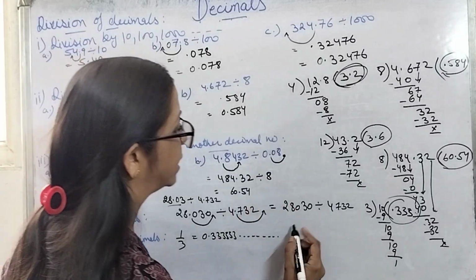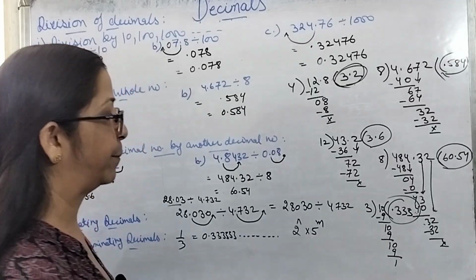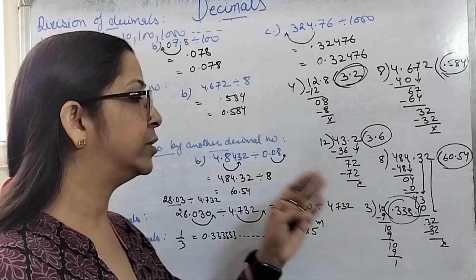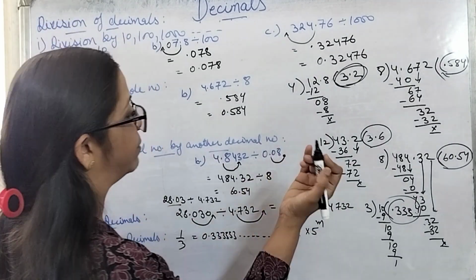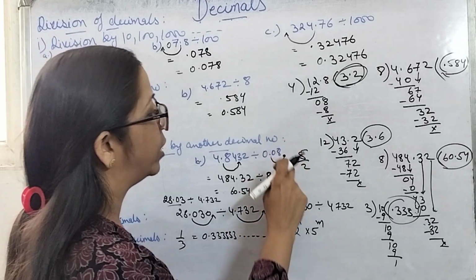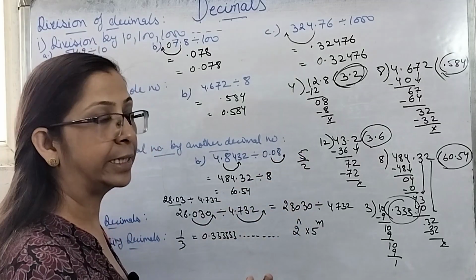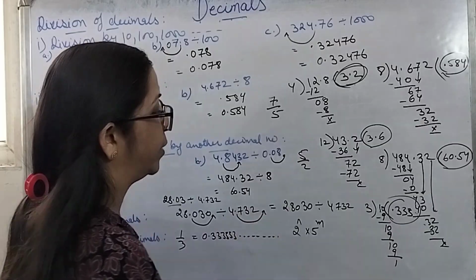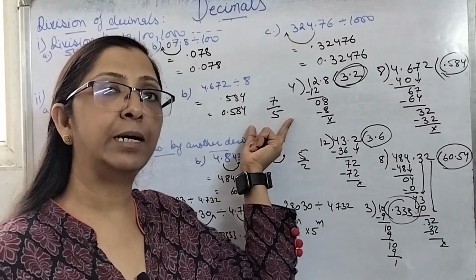That means if the divisor is in the form of 2 raised to the power n multiplied by 5 raised to the power m, then always after certain steps your remainder will come to 0. If I am saying 5 upon 2, here the divisor is 2, so after certain steps your remainder will come to an end. That means it will be a terminating decimal. If your number is 7 upon 5, here your divisor is 5, so after certain steps your remainder will come to an end.